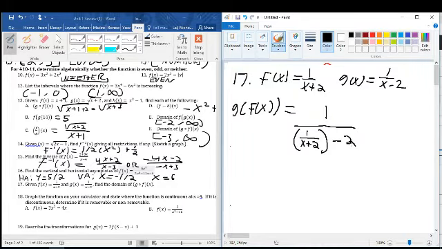So to simplify this, I'm going to multiply that 2 by x plus 2 over x plus 2 to get a common denominator.